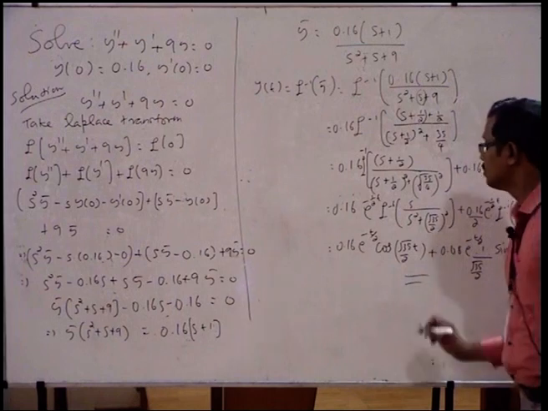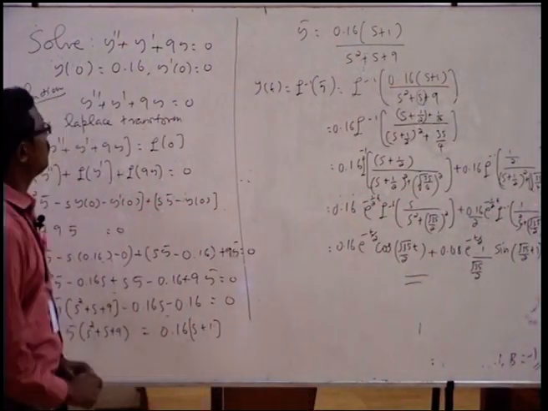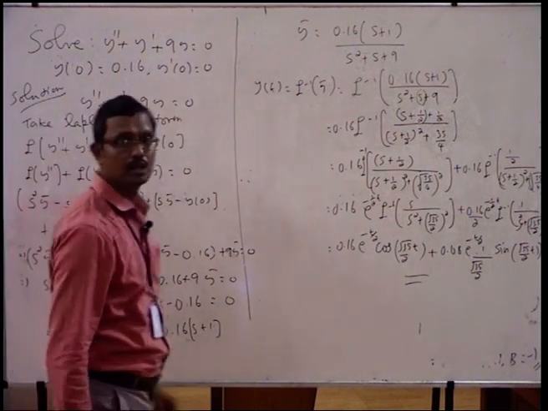So this is the solution of the differential equation y double dash plus y dash plus 9y equal to 0 with respect to this initial condition.